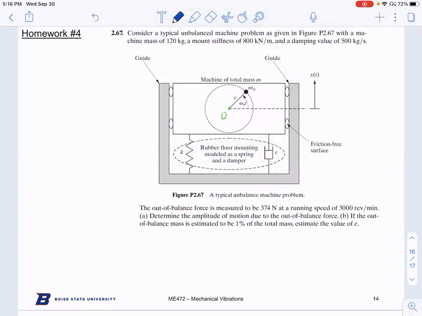So we already know the out of balance force. Remember that your out of balance force is m naught times e times omega r squared, right? So that's your out of balance force. That equals 374 Newton.